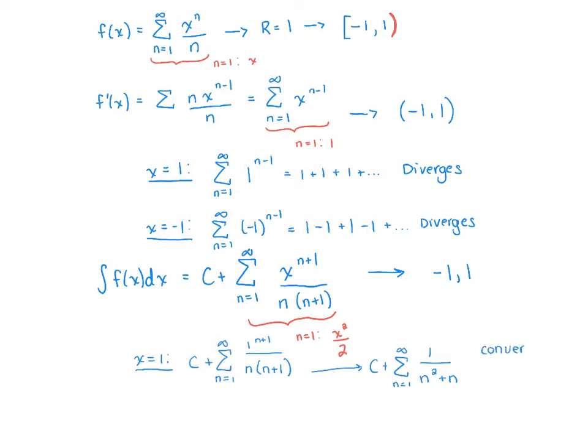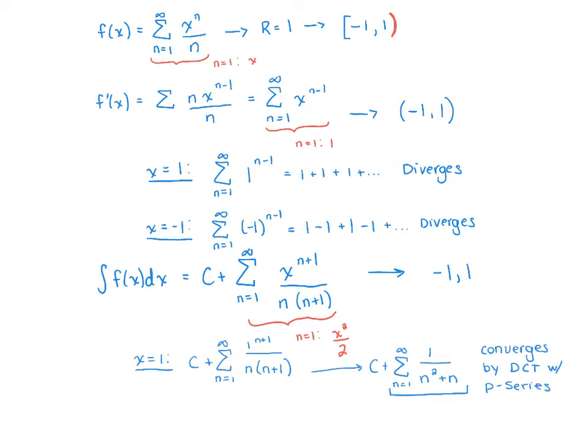Don't worry about the plus C, because a finite number plus a finite number is still totally convergent. So the plus C is never going to change anything. But this converges by direct comparison test with a p-series.